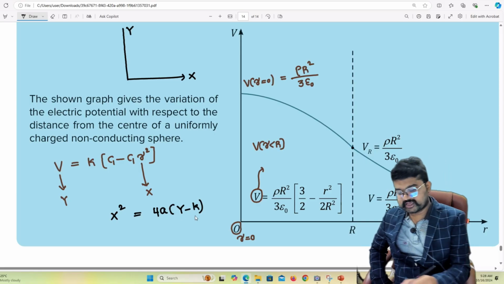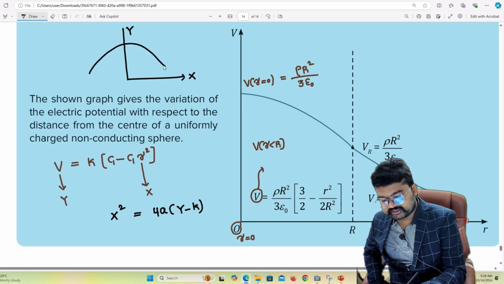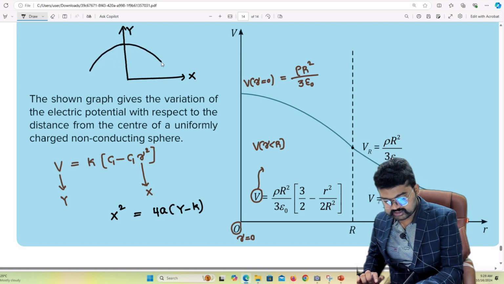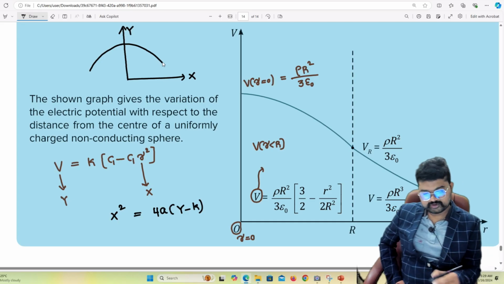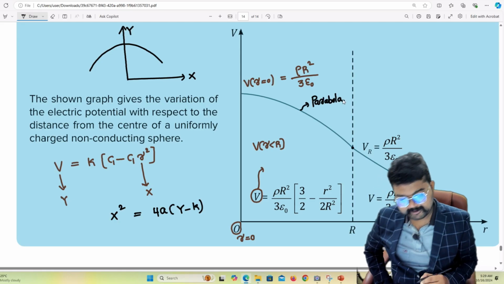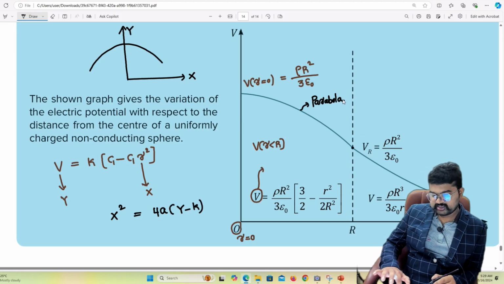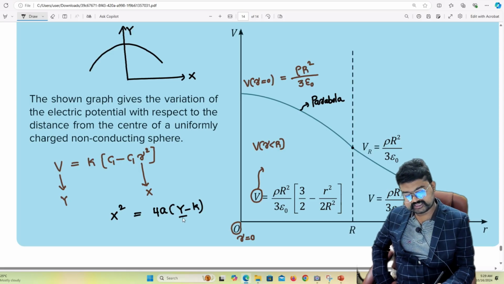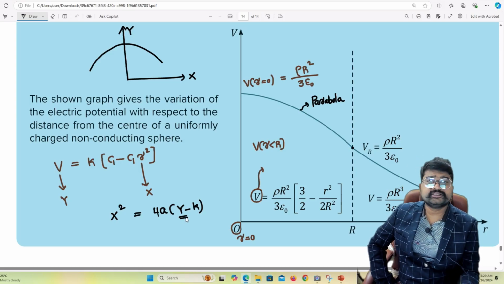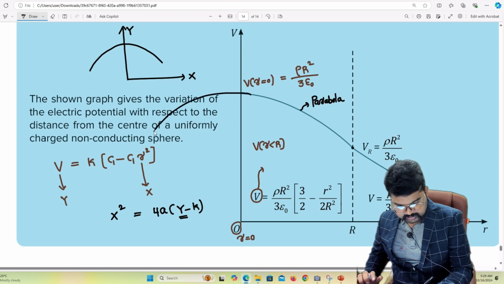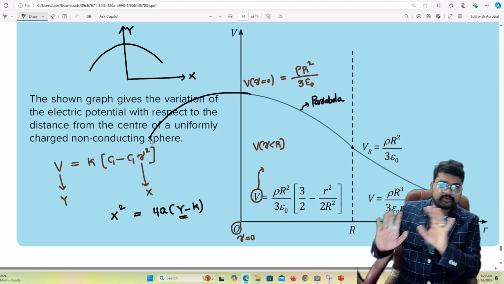The principal axis is the y axis, it looks like this. Correct or not? So we need to write x square equal to 4a times y minus k kind of stuff. That is why the y axis is the principal axis. Actually it will come like this. Understood? Up to here it is a parabola.